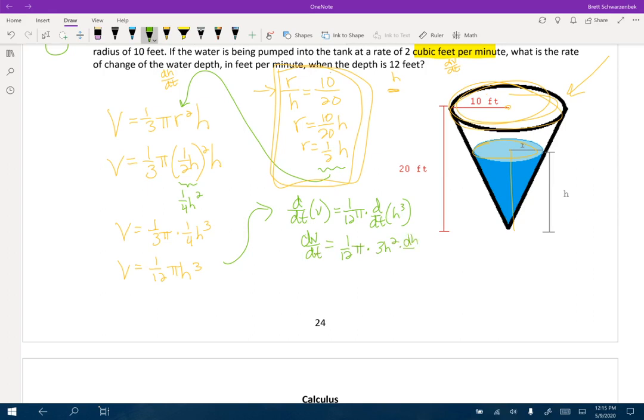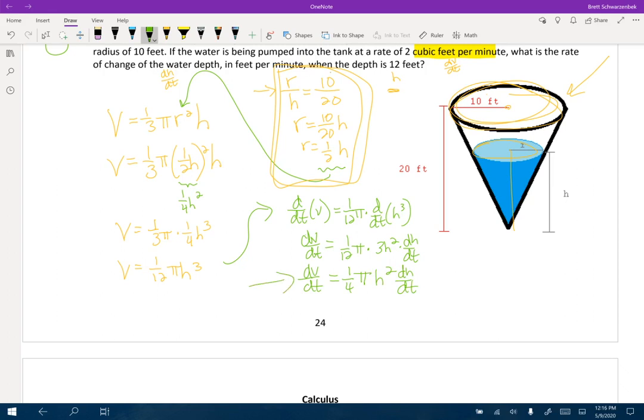If we simplify this, 12 and 3 actually simplify and get 1/4. And then we're going to get pi and then h squared dh dt. Okay, so this is essentially our related rates formula.